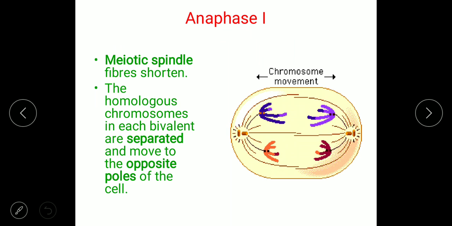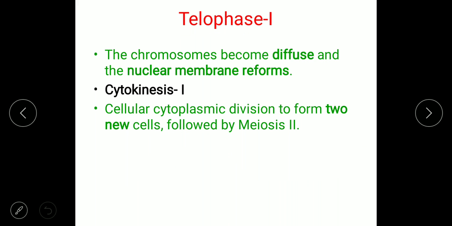Next, Anaphase I. At this phase, the meiotic spindle fibers shorten, and the homologous chromosomes move apart from each other. Next, the Telophase I. At this phase, the chromosomes become diffuse and the nuclear membrane reforms.